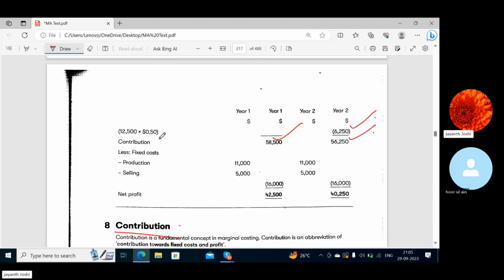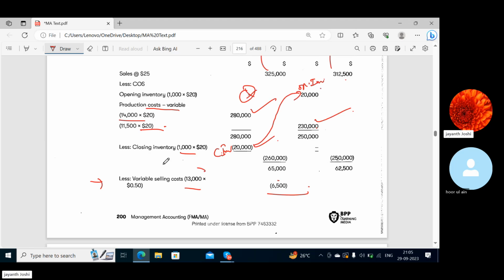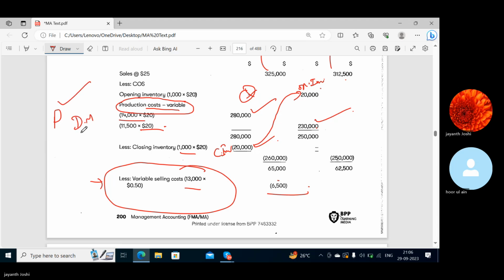Then sales minus variable cost, any type of variable cost, is contribution. So what variable costs have we taken? We have taken variable selling costs and variable production costs. And you should again understand that only the product cost will have material, direct labor and production overheads, or manufacturing overheads.